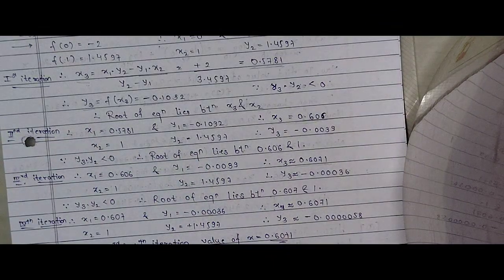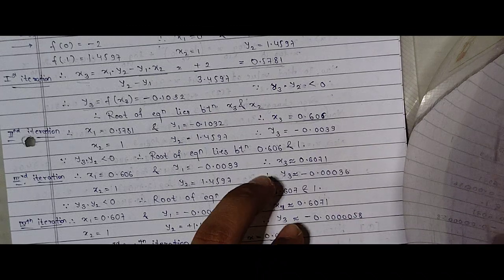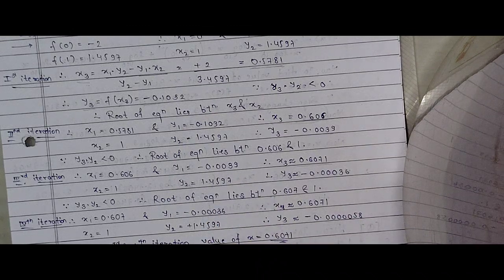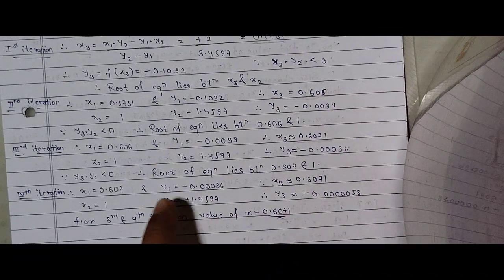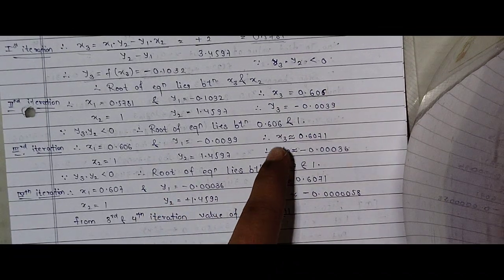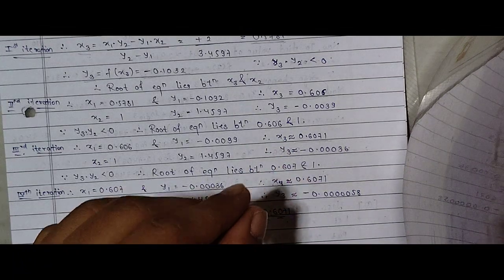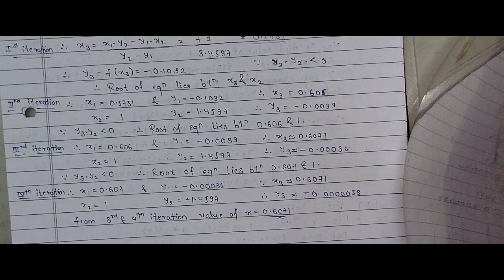Guys, if you see the third and fourth iterations, the value of x3 is the same up to 3 decimal places. What does it denote? It denotes that our value of x for the given function is 0.6071. So here our regula falsi method is over.